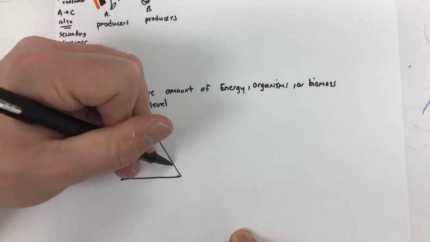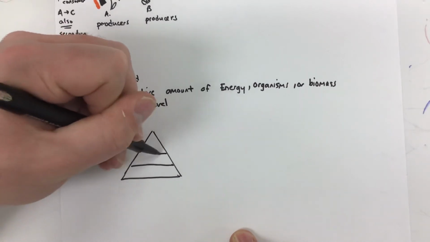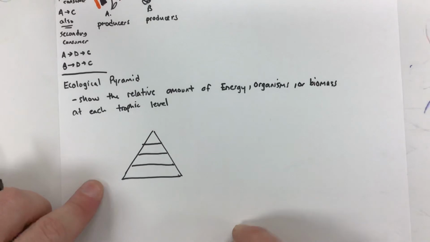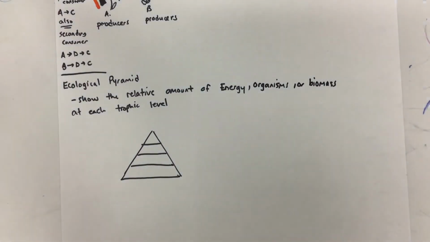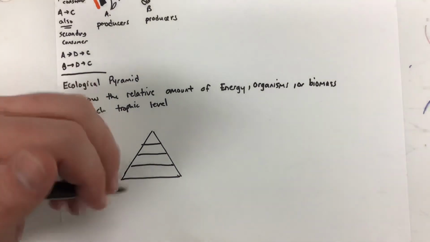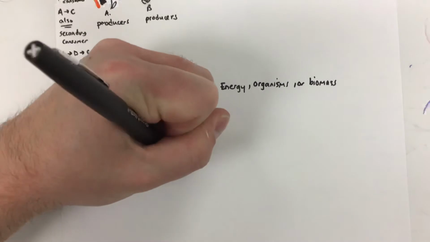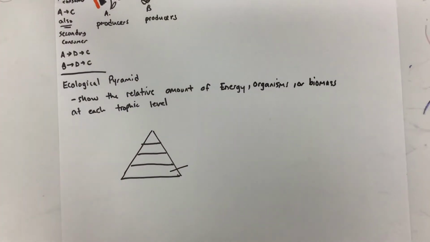So I'm going to draw my pyramid here. I'm going to draw 4 different trophic levels. All right, and so this could show the number of organisms, it can show the amount of energy, or it can show biomass, and I'll talk about what biomass is in a second. But what would have the most energy or the most biomass then? Which trophic level? The bottom one, right? So what level on our food chain has the most energy in it? Producers.